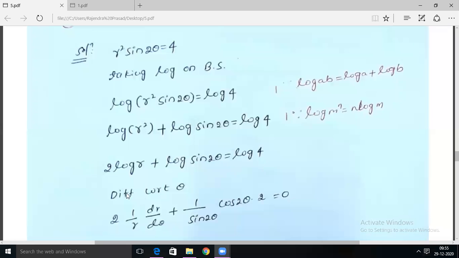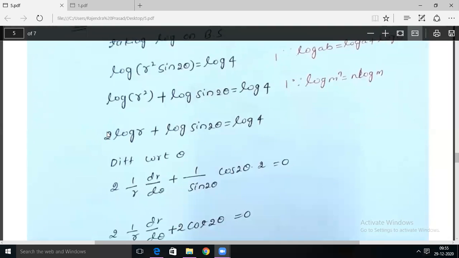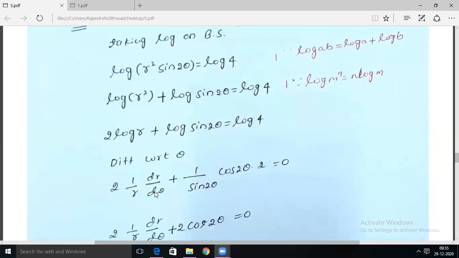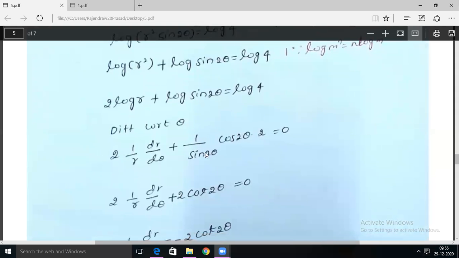Now differentiate with respect to theta. 2 is constant, keep as it is. Log r differentiation is 1 by r into dr by d theta, plus log sin 2 theta differentiation is 1 by sin 2 theta into cos 2 theta into 2.